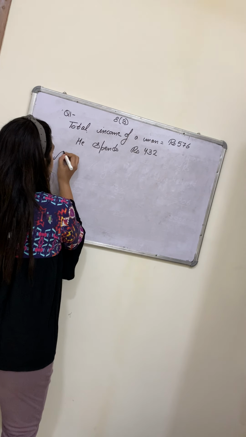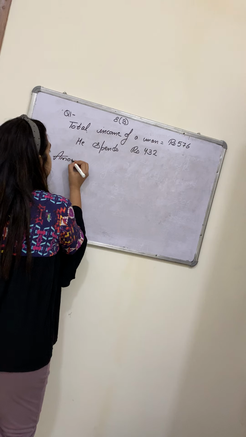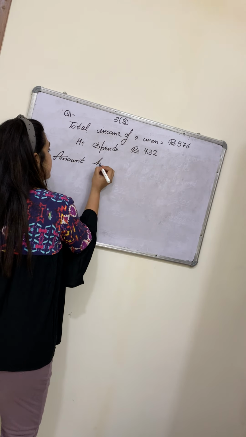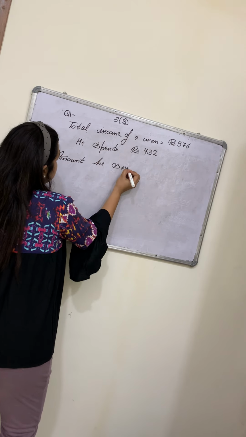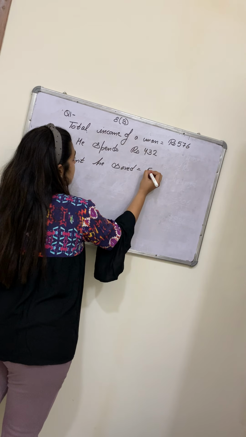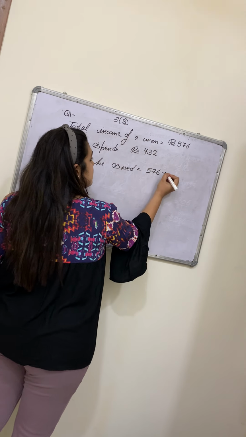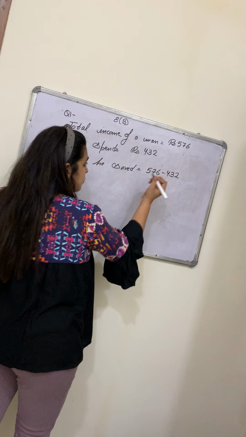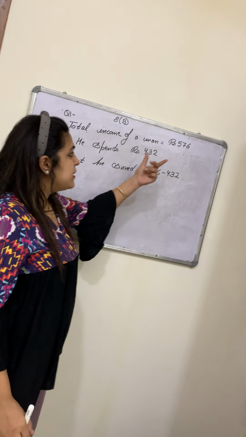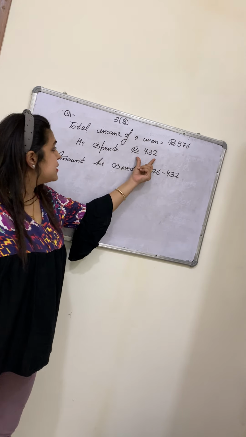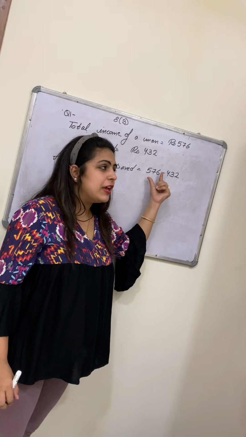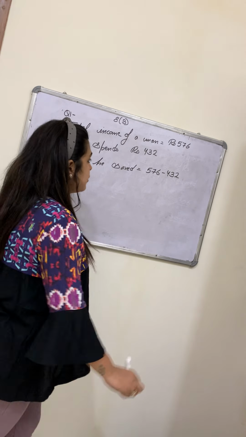So the amount he saved will be 576 minus 432. Obviously 576 is his income, 432 he has spent. So how much amount did he save? 576 minus 432.